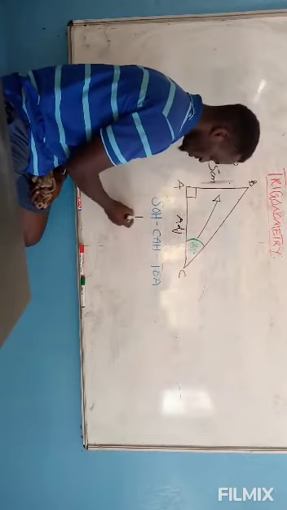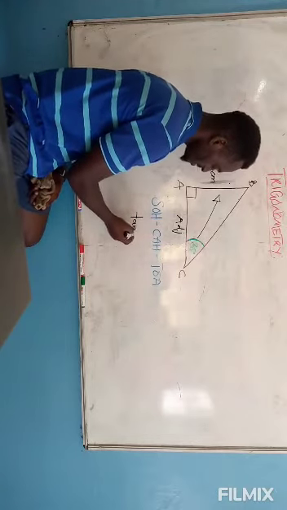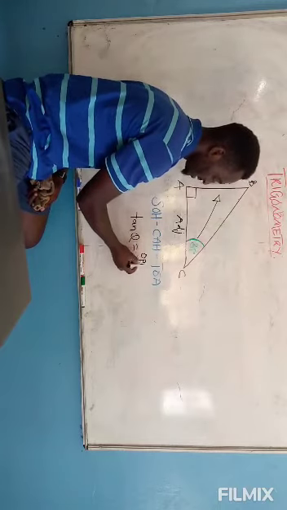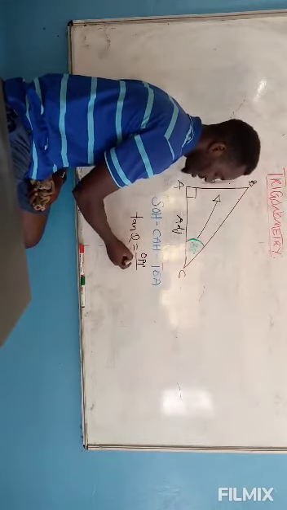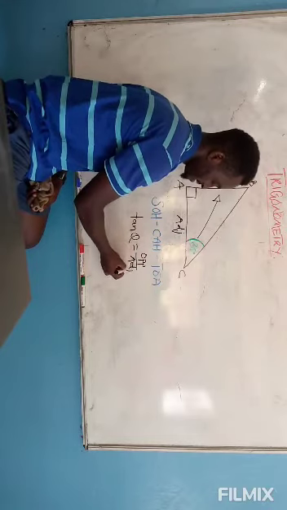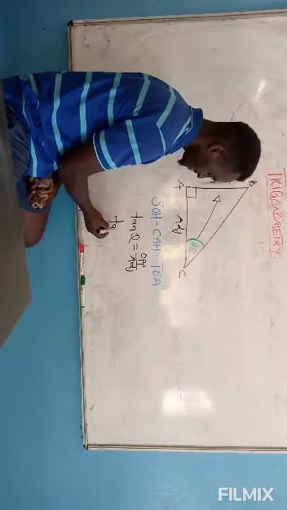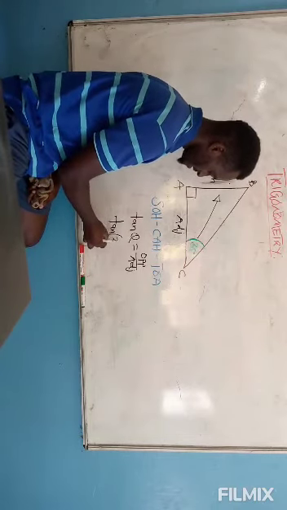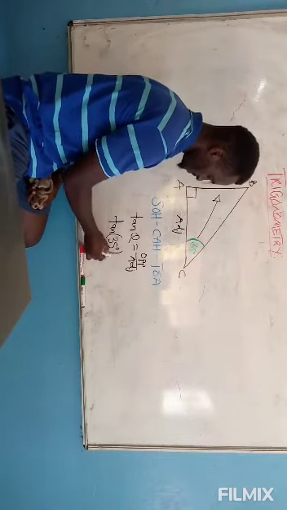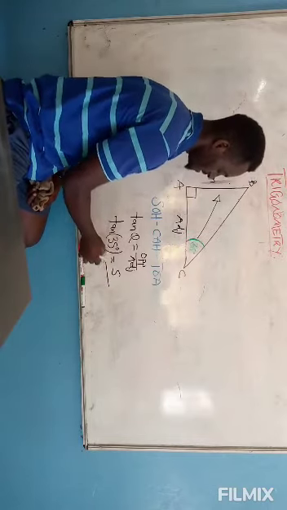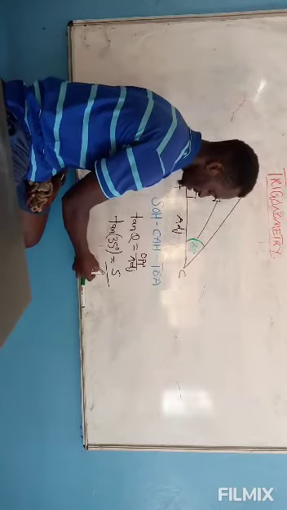So I'll say tan theta is equal to opposite over adjacent. So tan theta, the angle, is equal to opposite, which has been given as 5, over adjacent, which is AC.